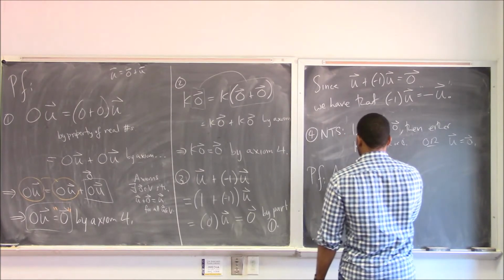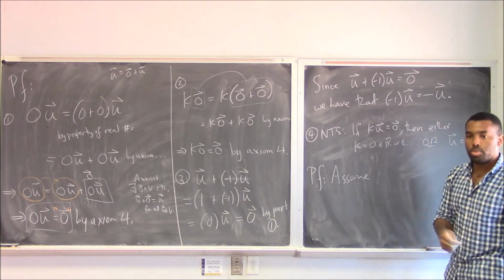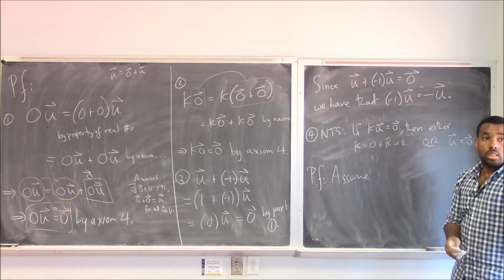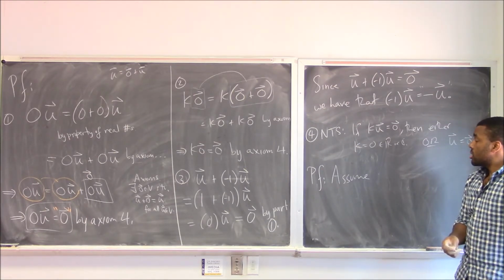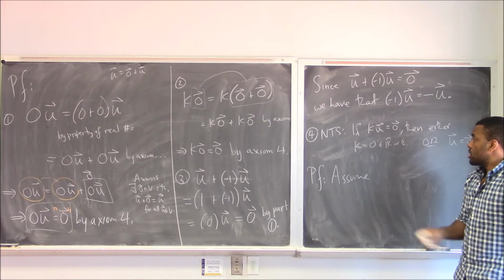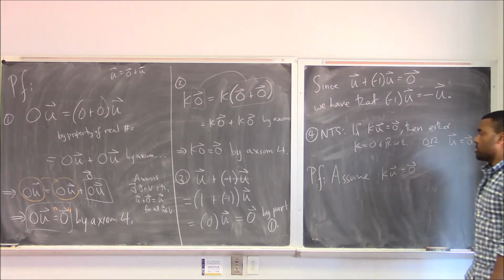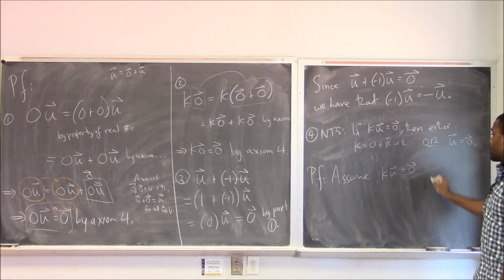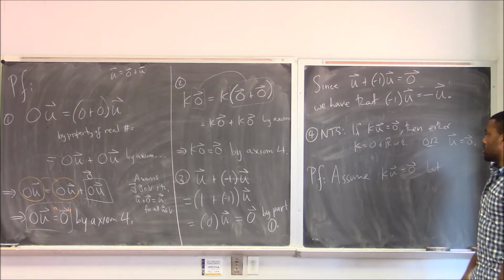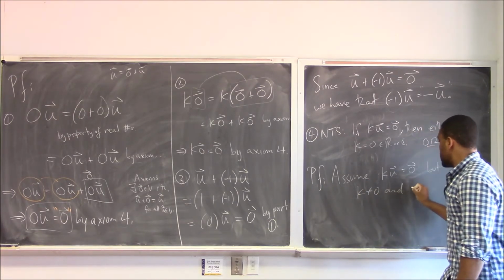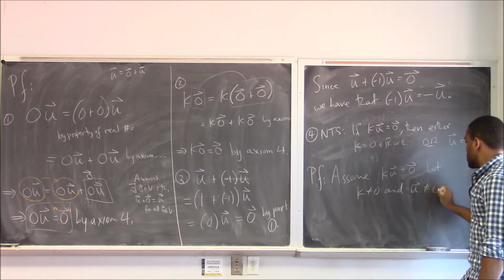What would such a proof start like? Assume k times u is equal to 0, but k is not equal to 0, and u is not equal to the zero vector.